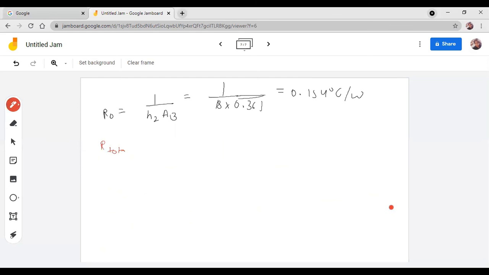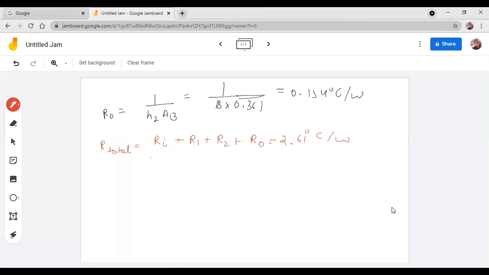So R total will be Ri plus R1 plus R2 plus Ro. This is how the total thermal resistance for this network is found, and it will come out to be 2.61 degrees centigrade per watt.